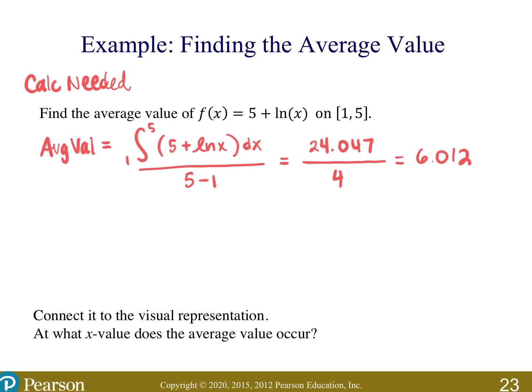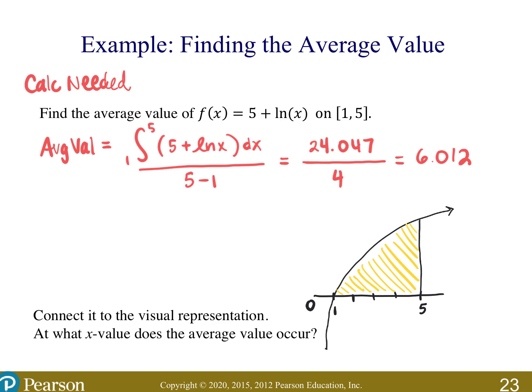All right, now connect it to the visual representation. Okay, so I know that natural logs look like this. Then they cross at 1, 2, 3, 4, 5. And so this area was all above the x-axis. So this has a base of 4, but its top is curved, which is why geometry didn't work, because it was a curved top.